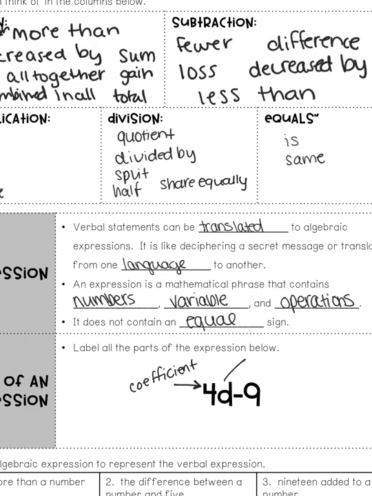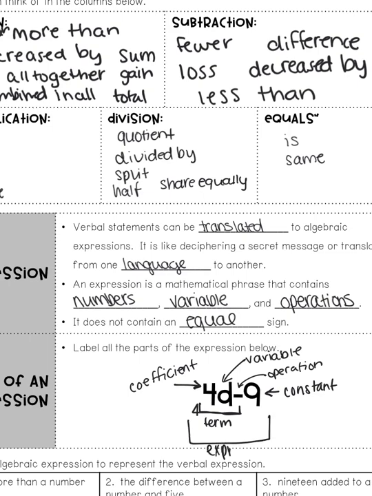Then the letter is your variable, and it can be pretty much any letter. Combined, those two things are your term. Then you have your operation, which is what's being done. And then that number out to the side is the constant because it's not affected by the variable and doesn't really affect the variable. And then the whole thing is called an expression.